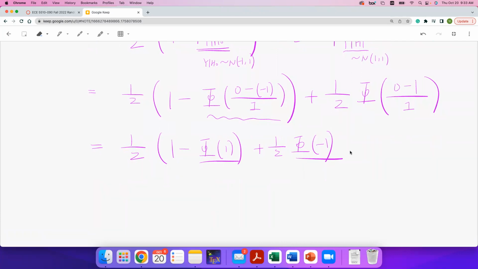And these two have a relation, phi 1 and phi -1. If you look at the centered Gaussian, phi -1 is this shaded area, and phi 1 is this shaded area.